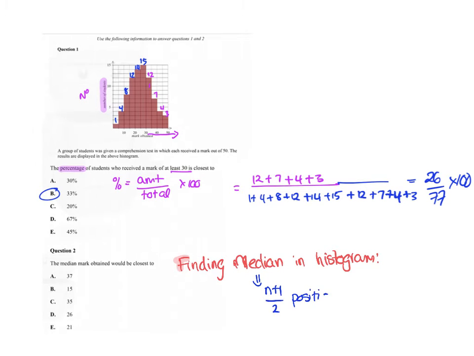So we worked out up here, we had 77 people. So that was n, so 77 plus 1 over 2 would be, what would that be, 36? No? Is that correct? No. 39, even? Sorry? Yes? So the 39th spot.